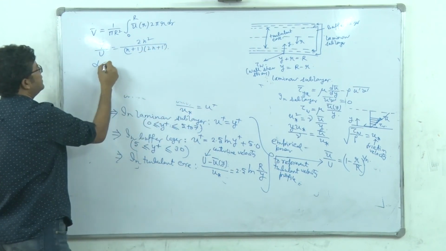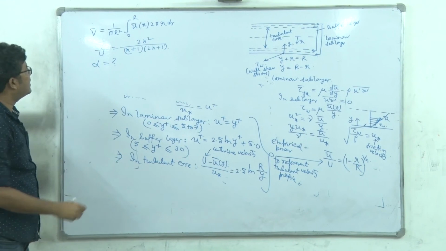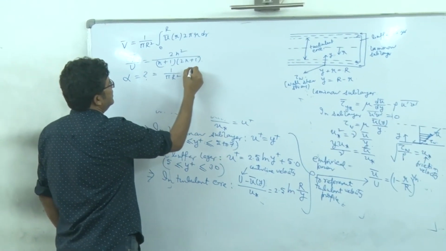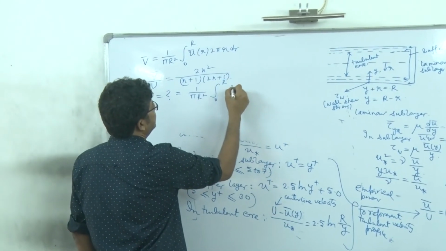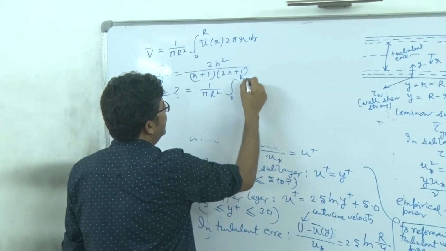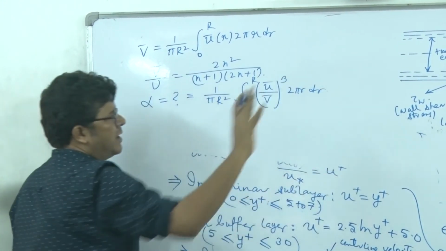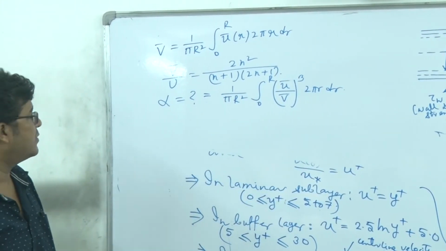Similarly, we can solve for the kinetic energy correction factor alpha, which is defined as 1 divided by pi R square, integral 0 to R of (U bar divided by V bar) whole cube into 2 pi r dr. So this will give you a complex expression in terms of n.